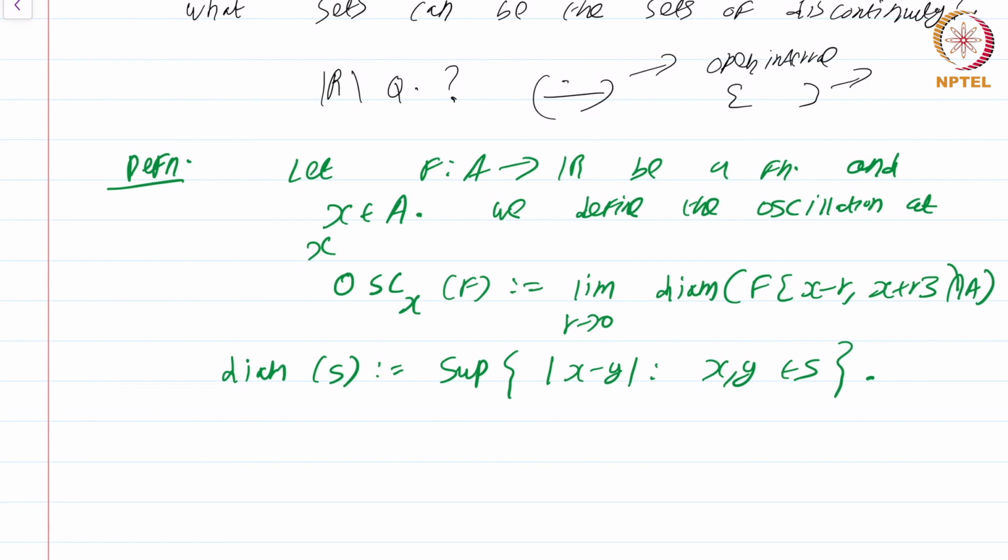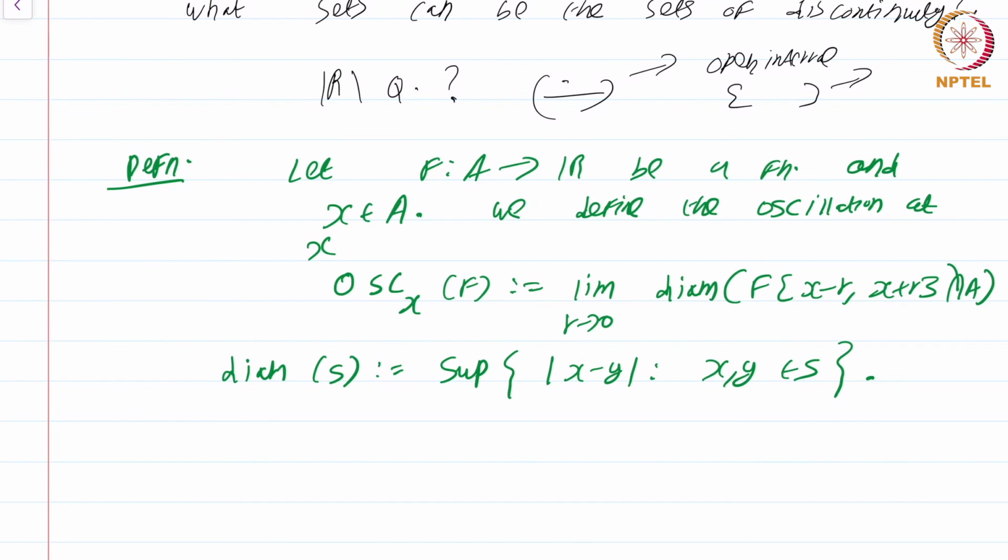Now, what is this oscillation at x measuring? Well, it is measuring how large is the image of f near the point x. If the function is not continuous, then you expect the function to have a non-zero oscillation at the point x, and that's indeed the case.